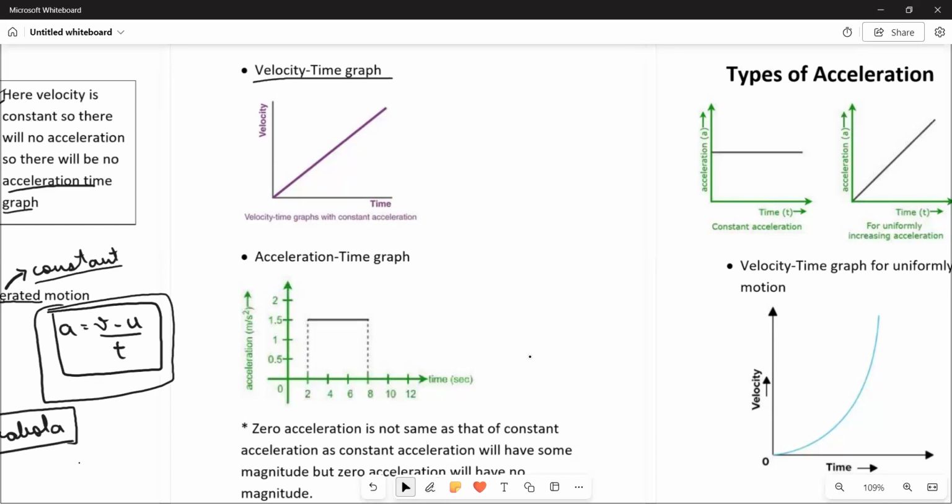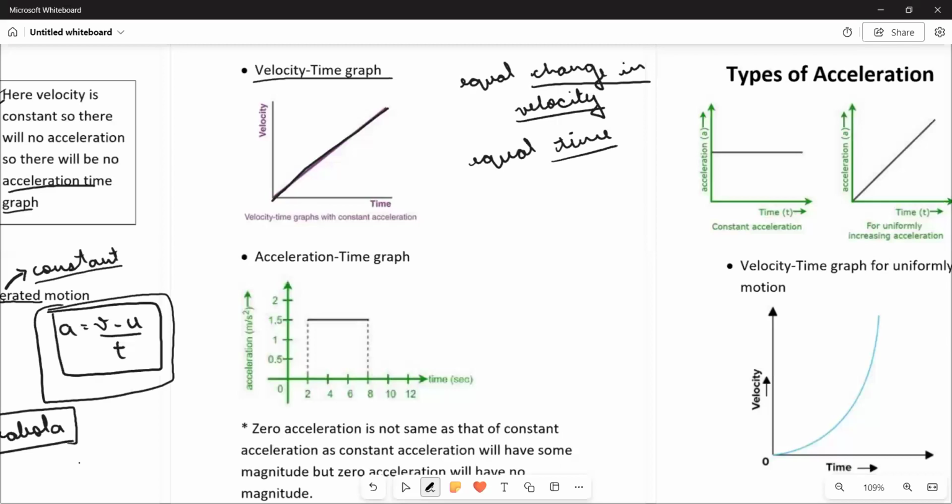When an object has uniform acceleration, we will always get a straight line for its velocity time graph, because there is equal change in velocity in equal intervals of time, and because of which we get a straight line for a velocity time graph for a constant acceleration.